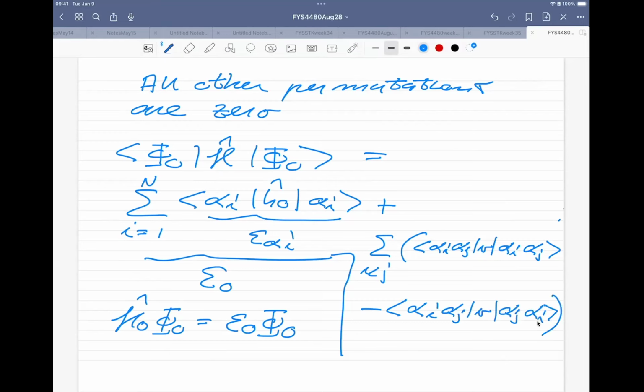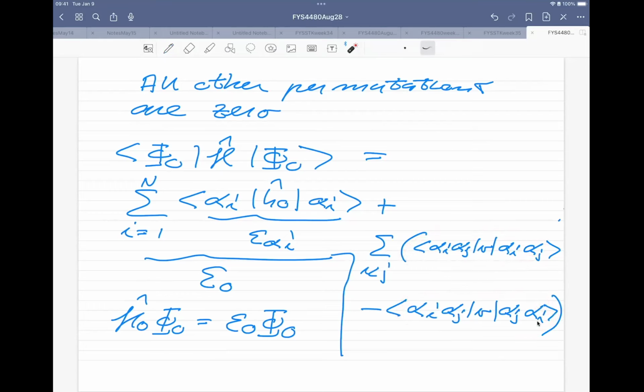Now, this is something which we can write in an even more compact way in terms of the anti-symmetrized matrix elements which we defined last time. Last time, what we did was to lump together this direct term and the exchange term into one matrix element, which we call anti-symmetrized.